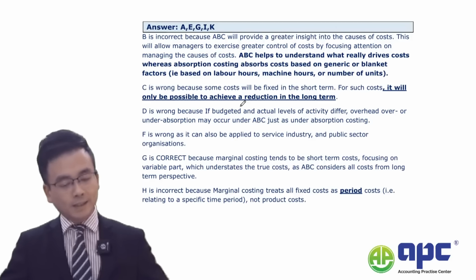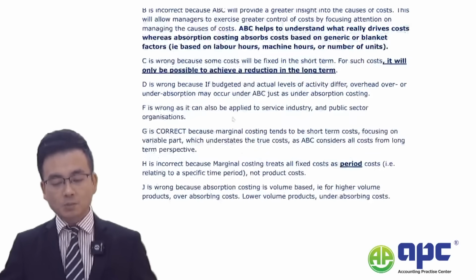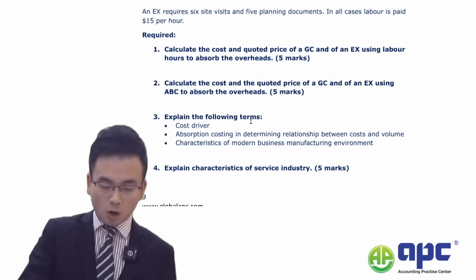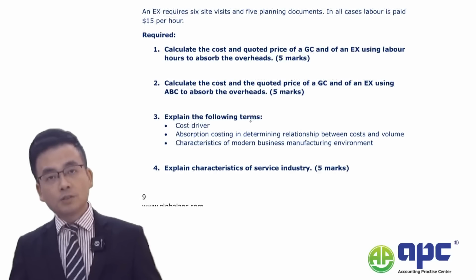But of course, this is not enough, because I will also go through an example such as BBB for you. From there, I've adjusted this past exam by including other requirements. For example, not only do I want you to talk about ABC, or activity-based costing, but I also want you to explain the service industry characteristics.